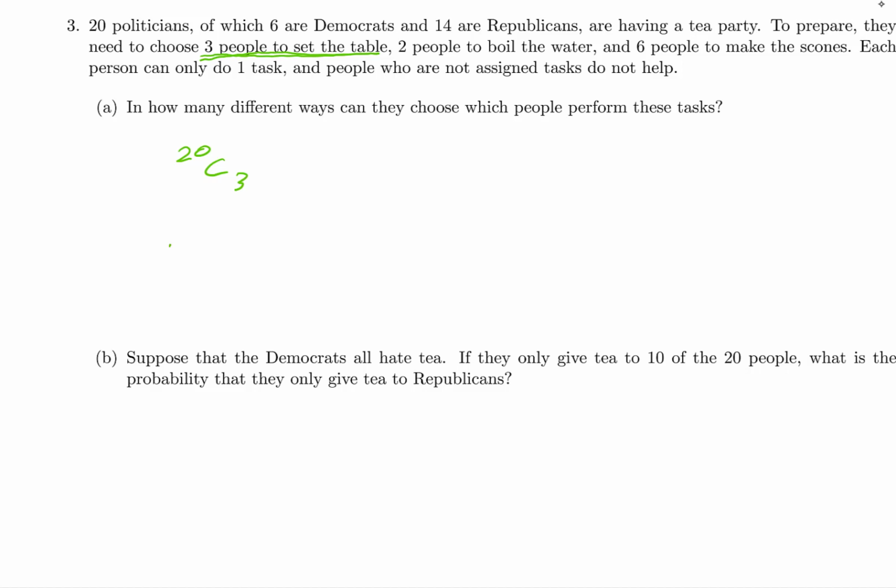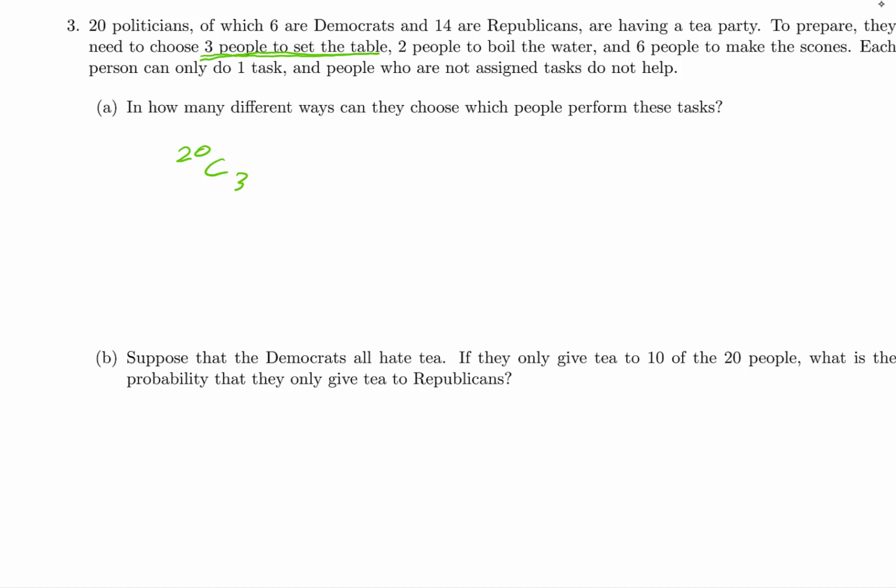Because suppose A, B, C are 3 politicians. We can pick A first, and B next, and C next. This is the ABC group. And if they pick first B and then A, then C, it is still ABC, right? You understand that part. Therefore, we use here 20 choose 3.